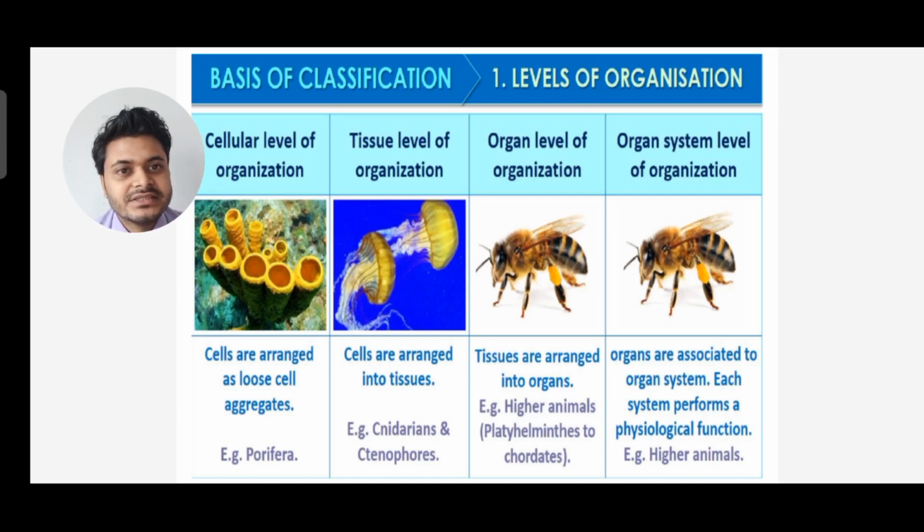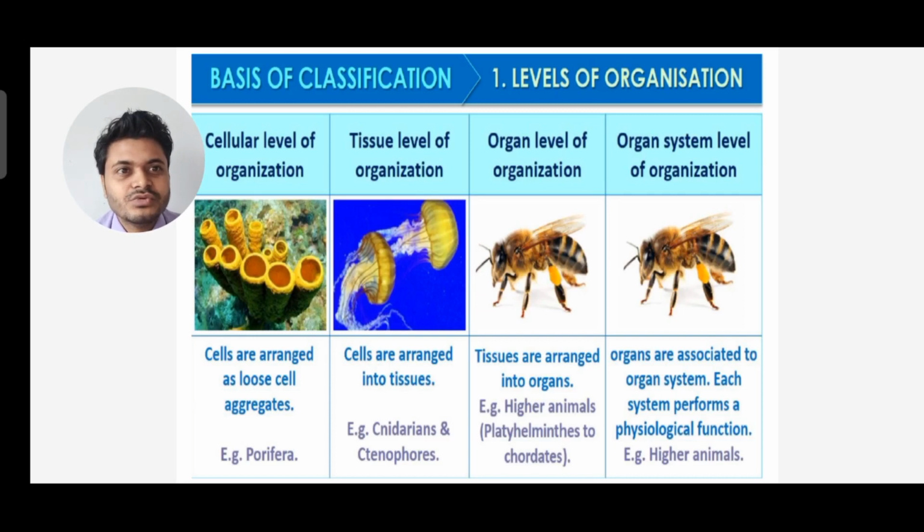Numerous cells are found. They are only cells that do not combine to form a tissue. What did I say is the definition of tissue? A group of cells performing similar function. Here they have cells, but they're not performing similar function. That's why they are cellular level organisms. They have only cells, they don't have tissue here. Example, we see Porifera. The picture is given on top.